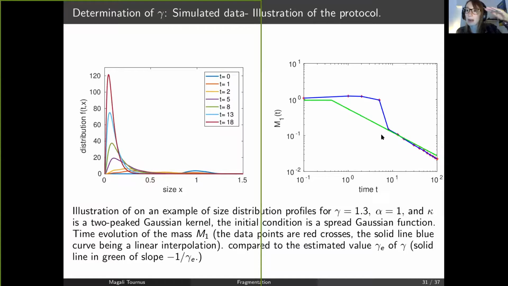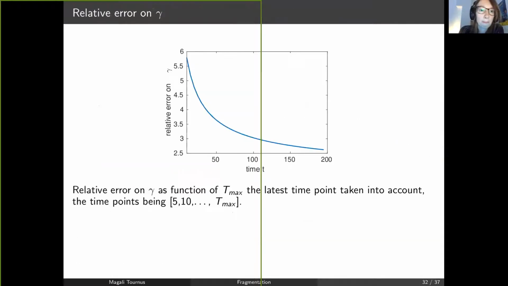It looks like a plateau and a linear function. We have some reason to think that it often behaves like that. So we assume that the profile M1 of t as a function of time looks like a plateau and a straight line, and we use least squares minimizers to fit the data and to get the slope. That's how we got gamma.